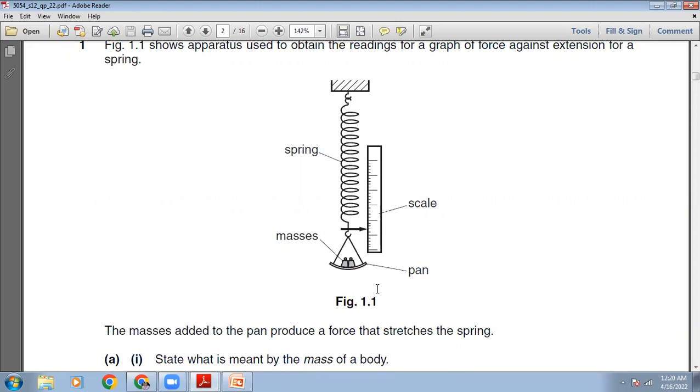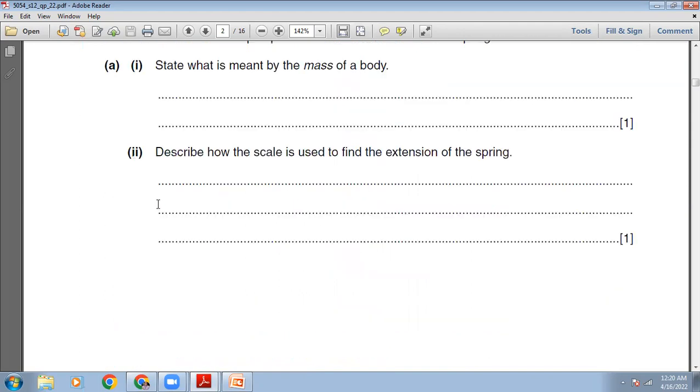Then I will put some known load, and I will note down the length, and I will call it L, the stretched length. So I will calculate the extension by using the formula extension equals L minus L naught. So this is the methodology.